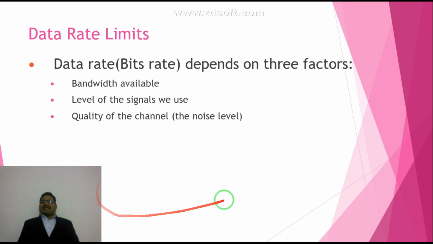So it is not the case, guys, that whatever the bandwidth available to you, the bit rate would also be very high if the bandwidth is very high. I can explain this concept like, suppose a national highway has a bandwidth that is 10,000 cars per minute it can pass.